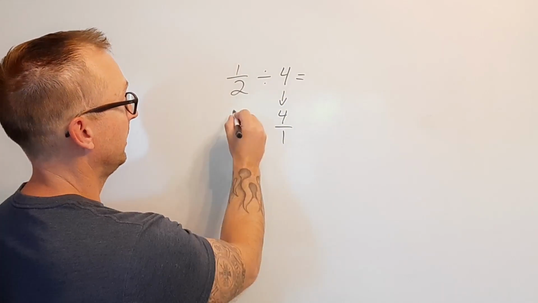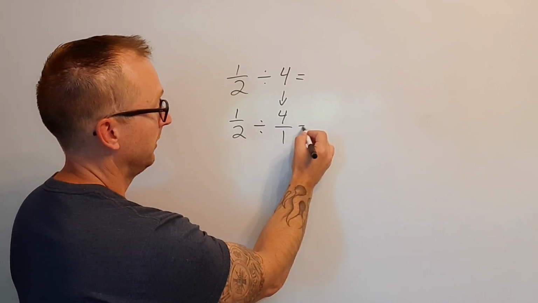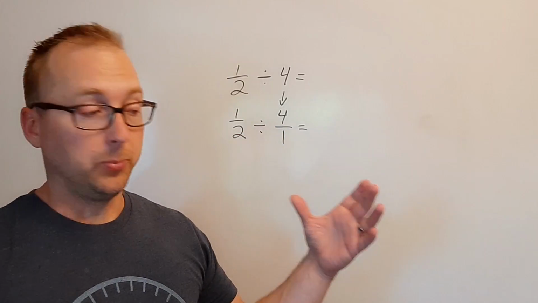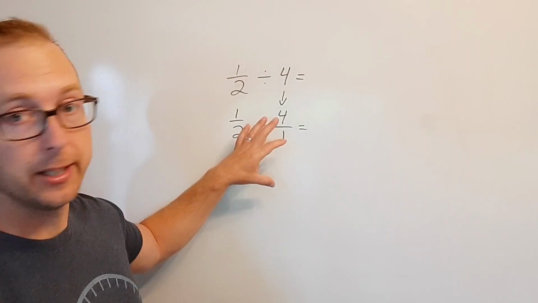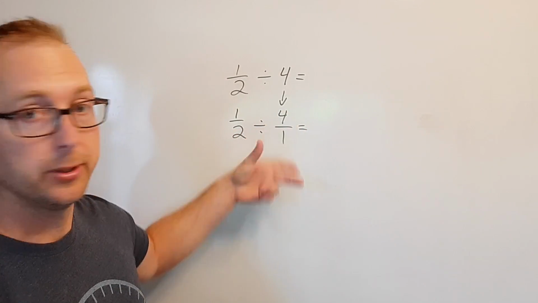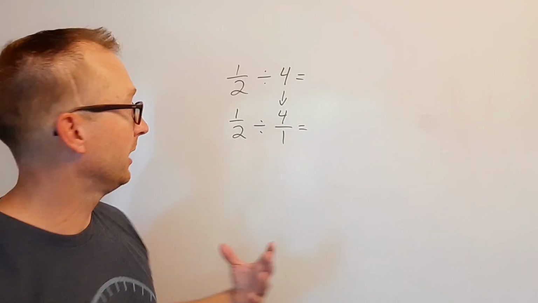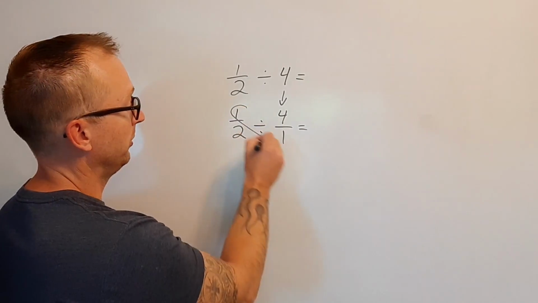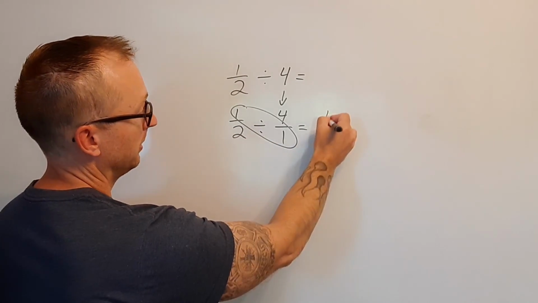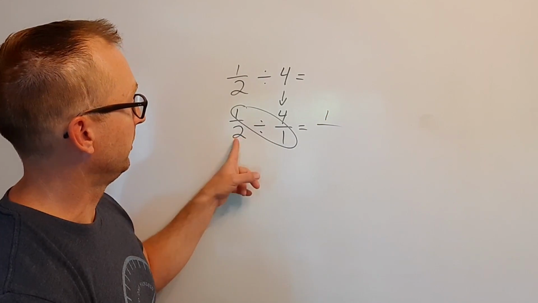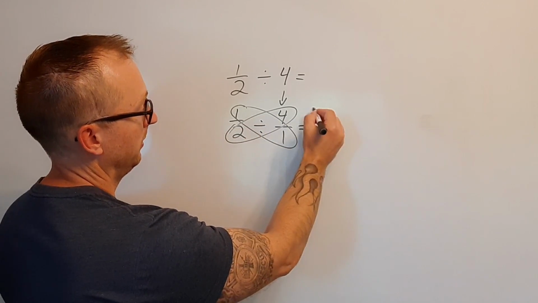And then we have 1/2, divide. And then we can go the two different routes we talked about. We can cross multiply, or we can rewrite it and flip the second fraction and then turn it to multiplication. Either way is going to give you an answer. So we're going to go ahead and do this real quick. So 1 times 1, top number. And then 2 times 4, bottom number. And there you go.